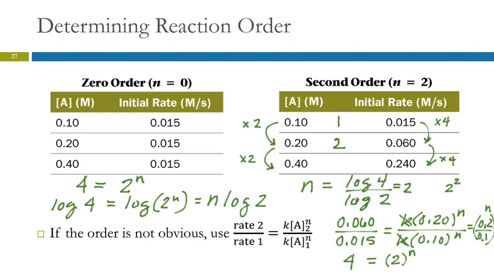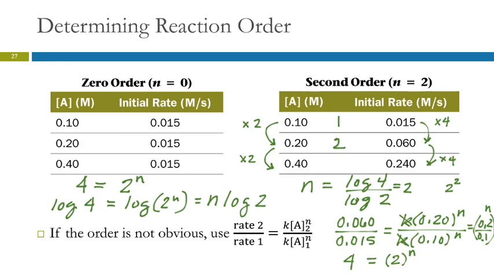And you can do that a couple of different ways, but it does come out to be 2. Any questions? So that's an alternative to the first one, right? Yes, using this rate 2 over rate 1 is an alternative to looking at the concentrations and how the rate changes when the concentration changes. Using this is an alternative to just looking at that and saying, oh, I know what that's supposed to be.